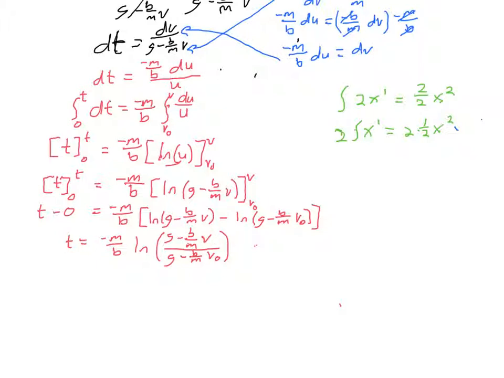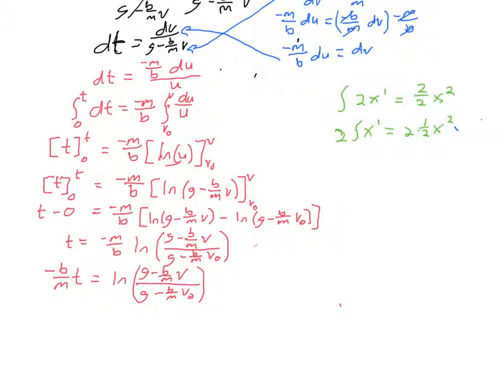So now I just need to work a little bit of algebra around here to finally get to an equation of velocity depending upon time. Let's get that negative b over m to the other side first. And notice whenever I did this, you could think of it as dividing by negative b over m. Whenever you do that, you're doing the same thing as multiplying by the reciprocal. So I multiplied by the opposite, if you need to think about that.